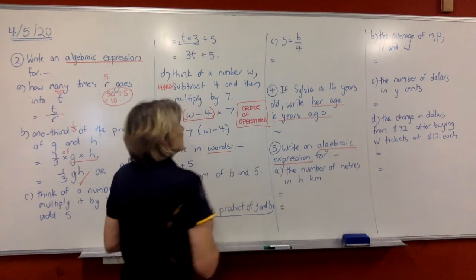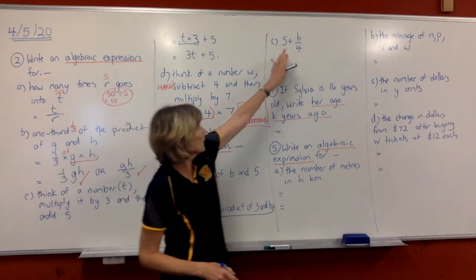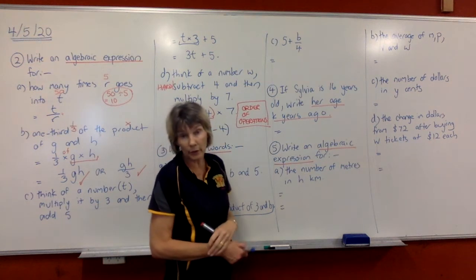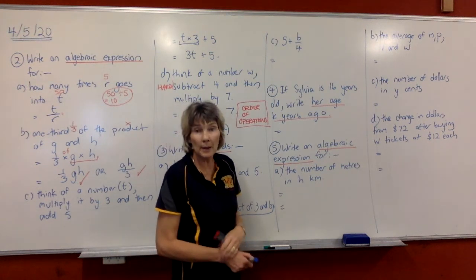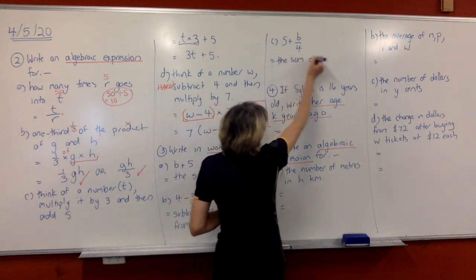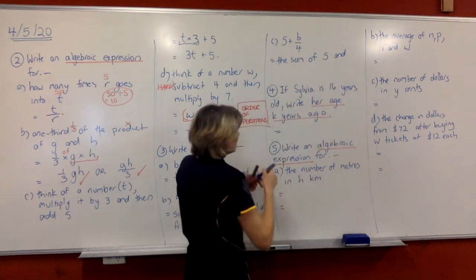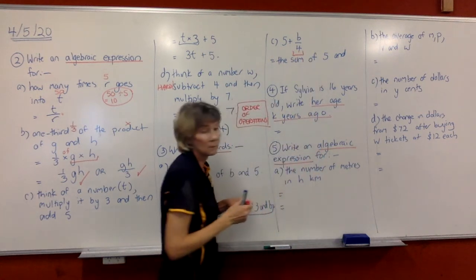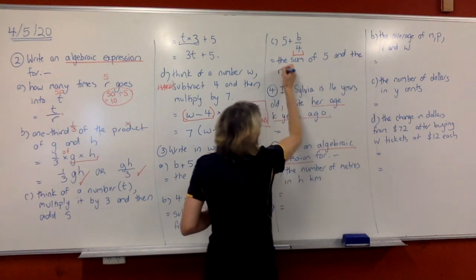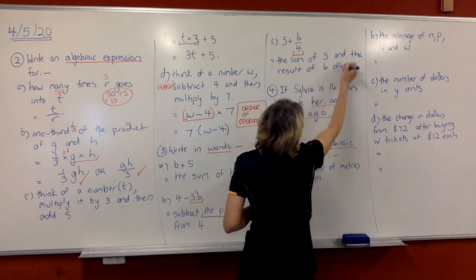Okay? All right, this next one up here, it says 5 plus B over 4. So we can see we've got a sum, we can see we've got a quotient, or we could use the word divided by if we wanted to. So we might say the sum of 5 and this bit here, the result of B divided by 4.